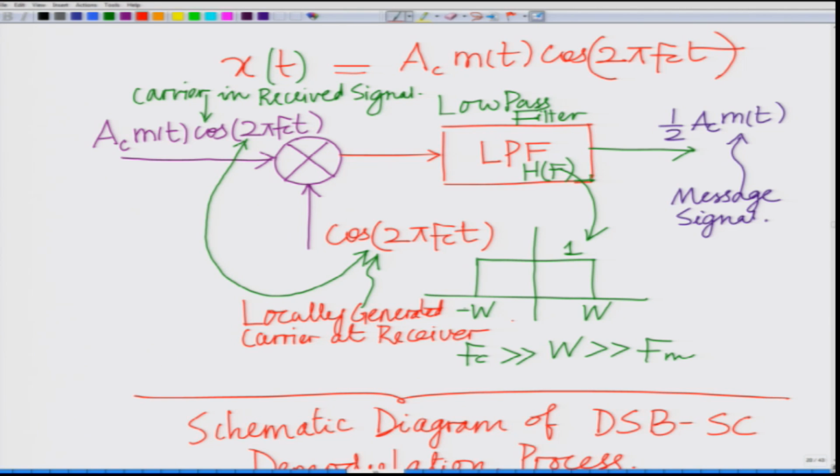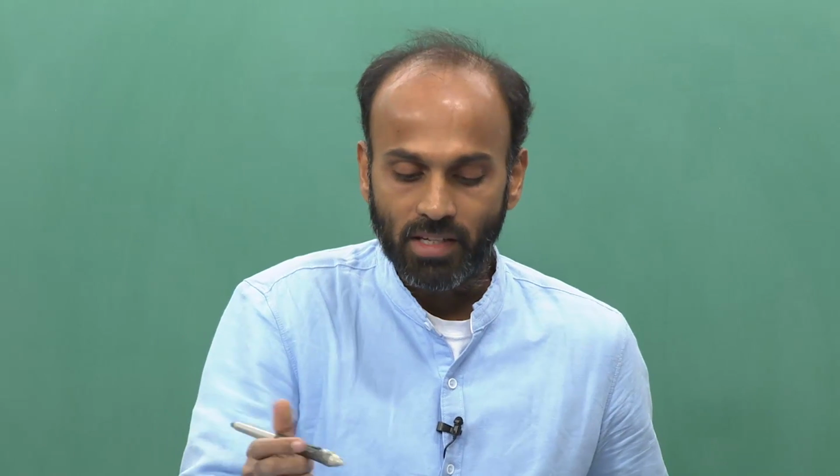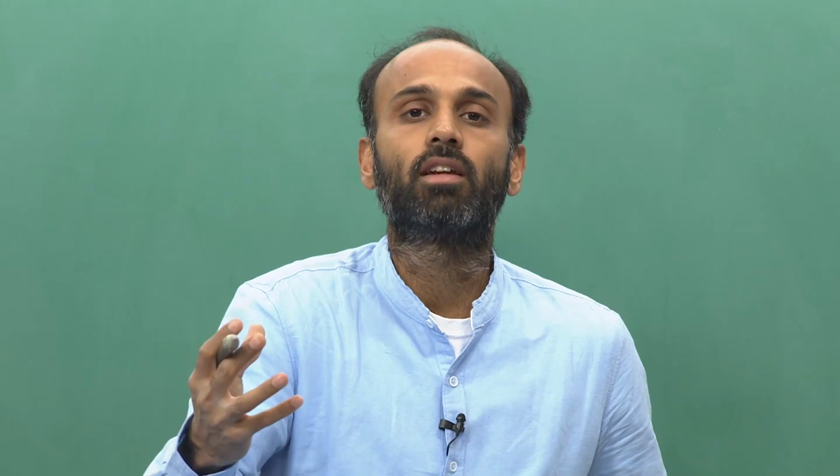In the demodulation process, we need a copy of the carrier, that is cosine 2 pi f_c t, which is locally generated, and of course, the incoming signal is modulated on this carrier cosine 2 pi f_c t. One thing is that the carrier frequency on which the signal is being transmitted is known, so we can generate a local copy of the carrier at the receiver.